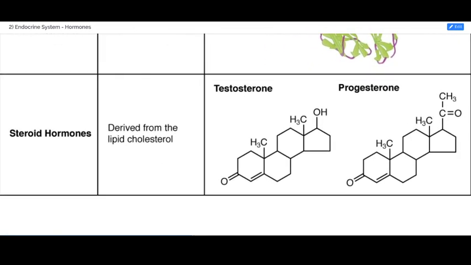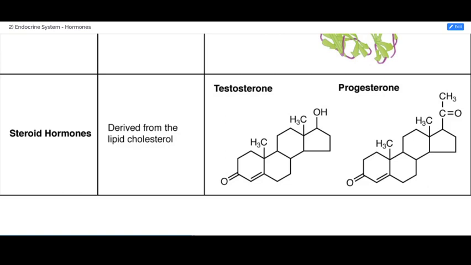The last type listed here is the steroid hormone, which is characterized as being derived from the lipid molecule cholesterol. Now, cholesterol is most easily recognized by its chemical structure of the four-ring structure that we see in the two examples, testosterone and progesterone. What's different about cholesterol is exactly what's attached to those ring structures.